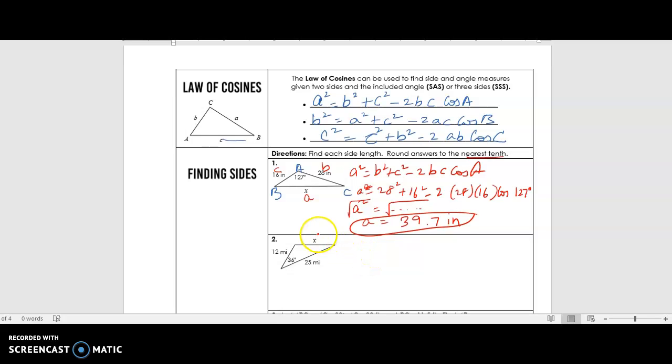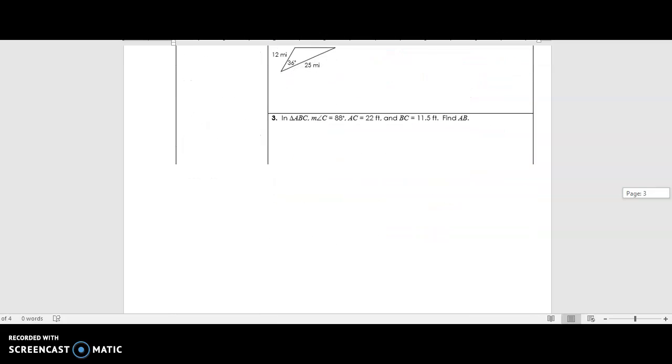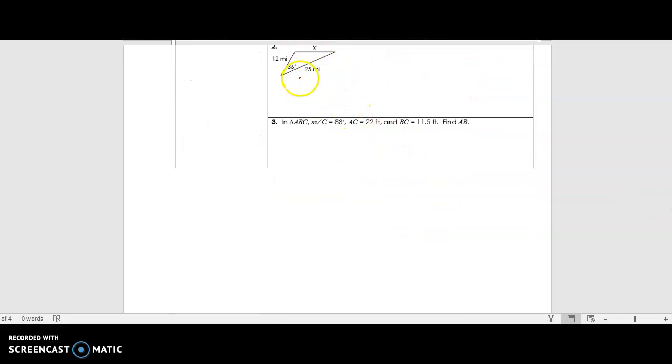All right, same way, let's try the third one. Here, see, for the first two questions the triangles are given for you. So let's draw this triangle all by ourselves. We have triangle A, B, and C. He's saying the measure of angle C is 88 degrees to start with.